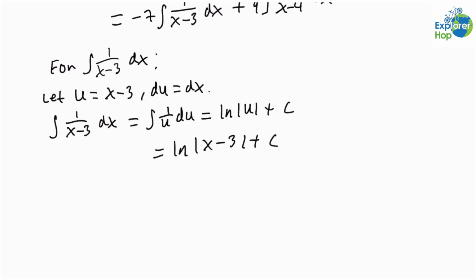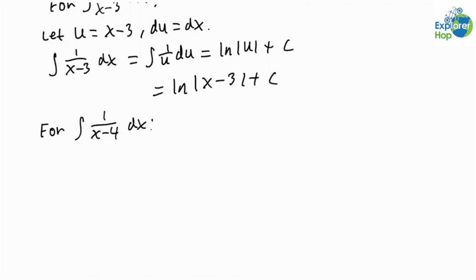And for the integral of 1 over x minus 4 dx, we can let v be equal to x minus 4, which means that dv is equal to dx.